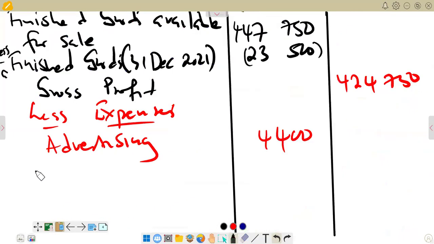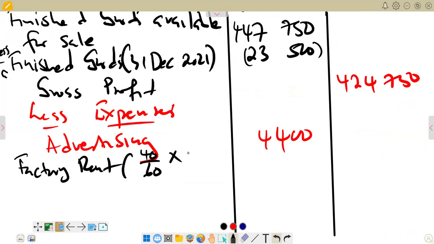So here now we have factory rent. In brackets, we say it's 40 over 60, and then we multiply by 66,000 over 1. And then the answer that you are supposed to get is 44,000. Remember, this is 4,400, this is 44,000. Then we go to factory electricity.